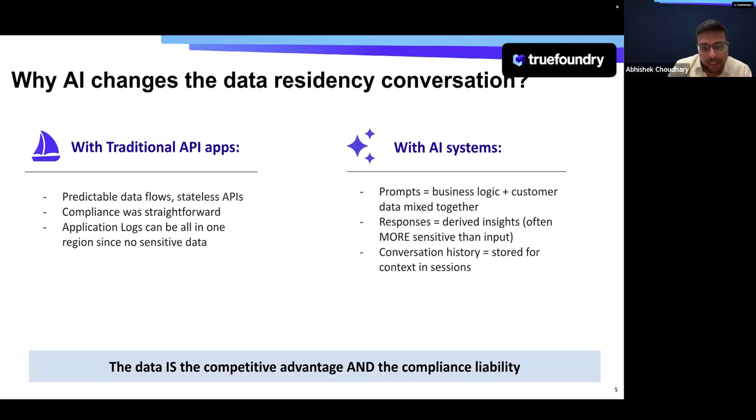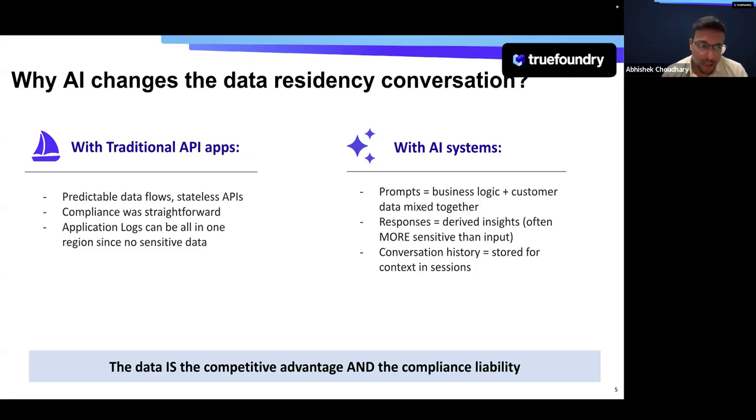If you pass an input X, you're going to get an output Y. So a lot of the time we didn't need audit logs of every single API call, and oftentimes it might not have that much sensitive data. The second thing was, your application logs didn't have sensitive data, so we were fine sending them out to SaaS providers, or collating all the application logs in one region. That was another difference.